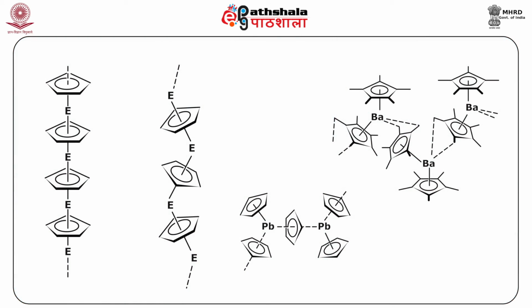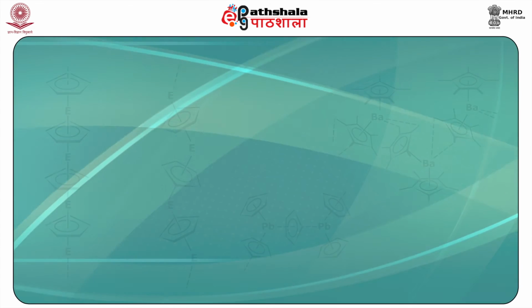The branched polymeric structure observed in the solid state for the sandwich metallocene such as Cp2 lead reveals a tri-coordinate environment for each lead center composed of 2 mu pi cyclopentadienyl ligands, shown by the dashed lines in the next figure, and 1 terminal cyclopentadienyl ligand shown by a full line. As you can see here, it is clearly shown in the figure.